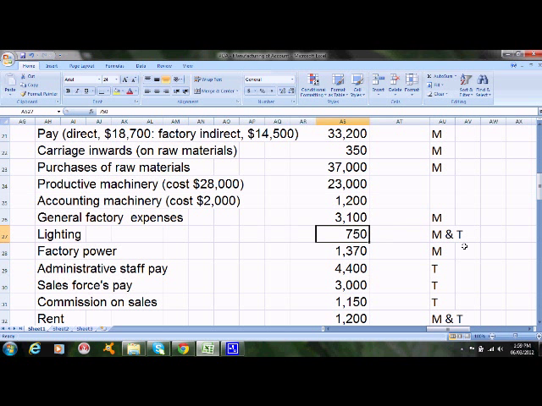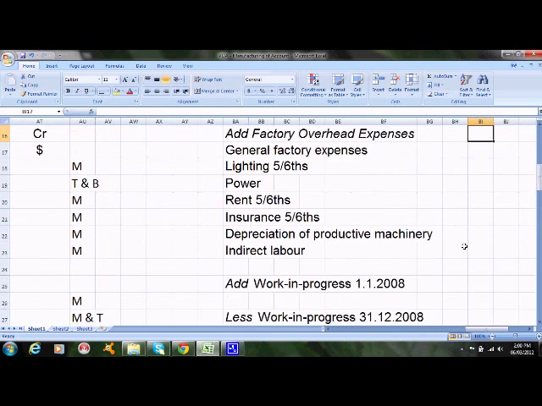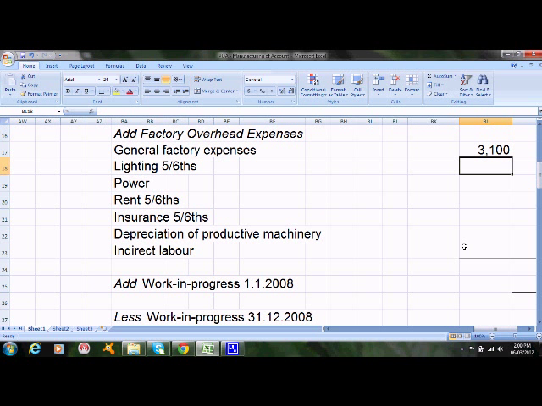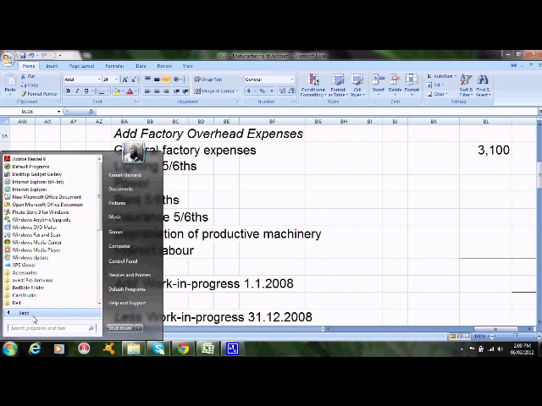If we find 5/6 of 750, friends, we would get a figure of 625, right? You agree with me? Let us work it out, because you might not agree with me.